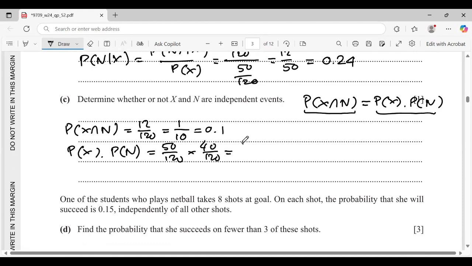So it is 2000 over 14,400. And if you calculate, the result is 0.1388, rounded off, 0.1389.